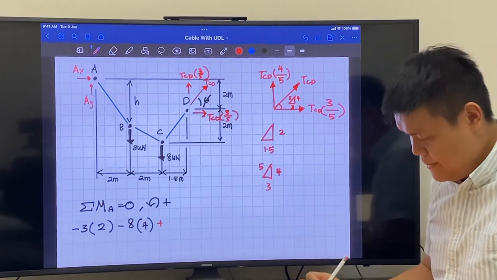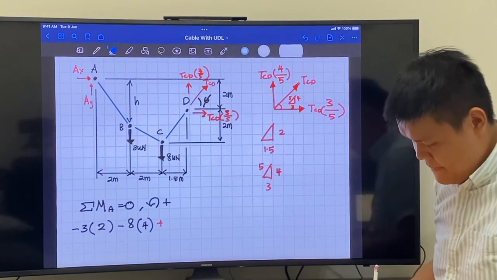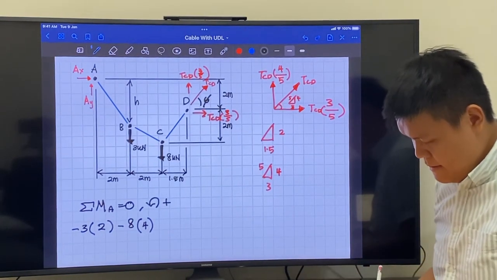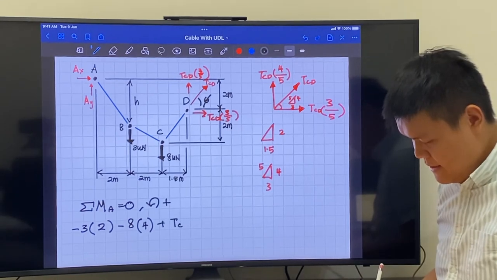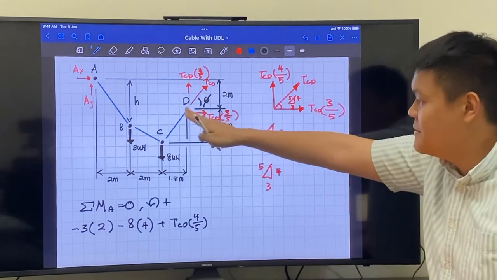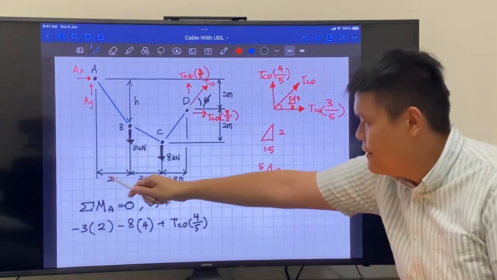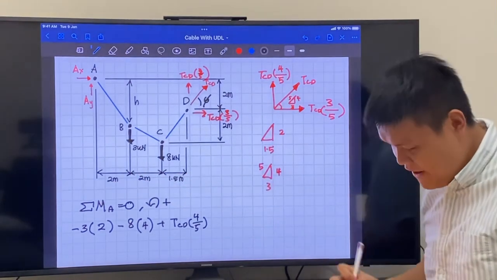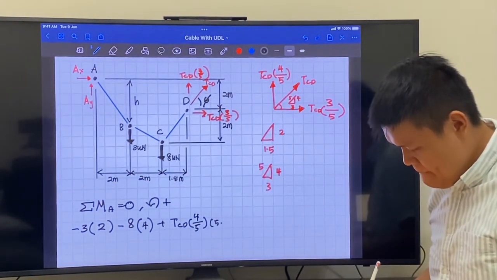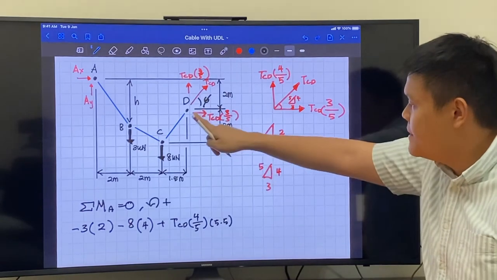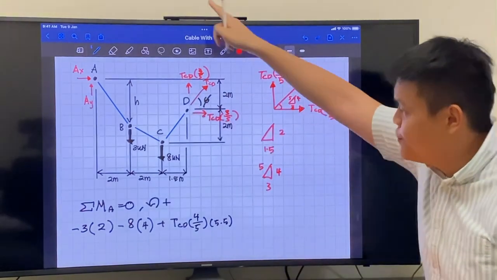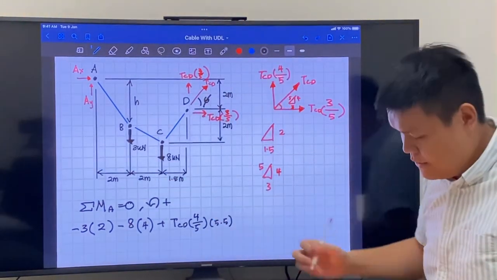So that's plus TCD 4 over 5. Then we multiply by this distance here, which is 4 plus 1.5, that's 5.5. Then we take TCD as well, which also rotates in a counterclockwise motion.